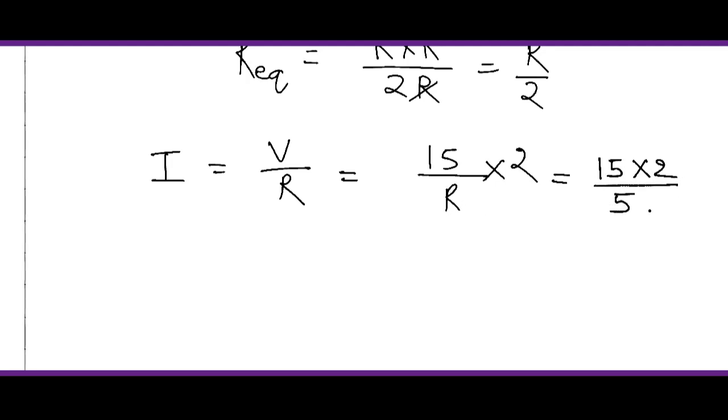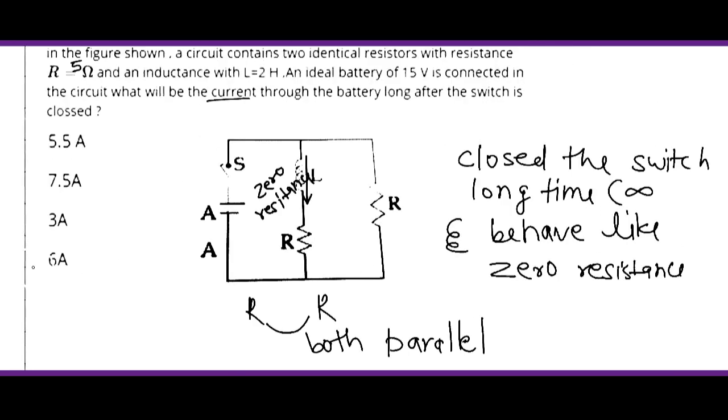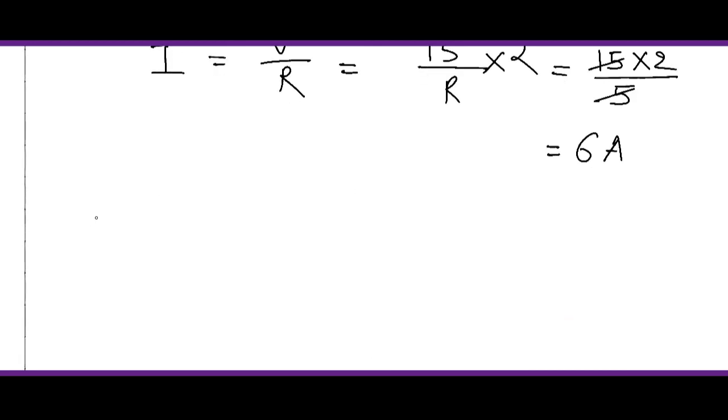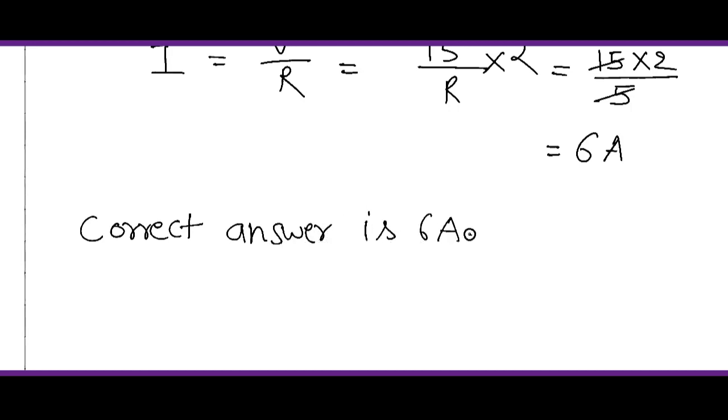The value of R is 5 ohm. Now we can solve here, so it will be 3 into 2, that is 6 ampere. If we check the options, the correct option is 6 ampere. So the correct answer is 6 ampere. Thank you.